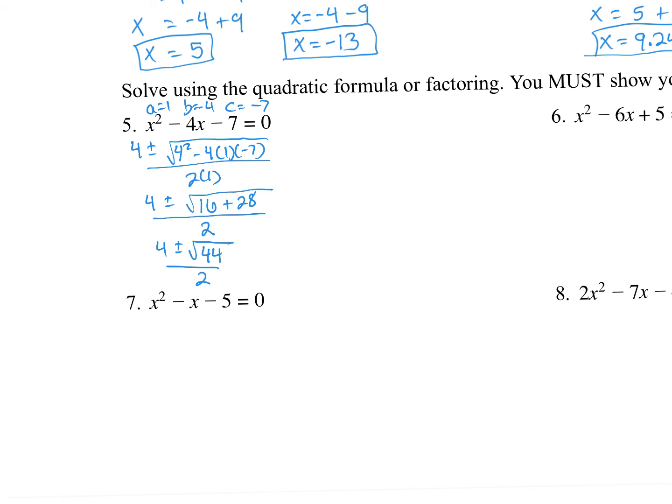So 4 plus or minus the square root of 44 over 2. Square root of 44 is 6.63. So here 4 plus or minus 6.63, divide that by 2. Now I'm just going to complete this using my calculator. 4 plus 6.63 divided by 2: one of my answers is 5.32.